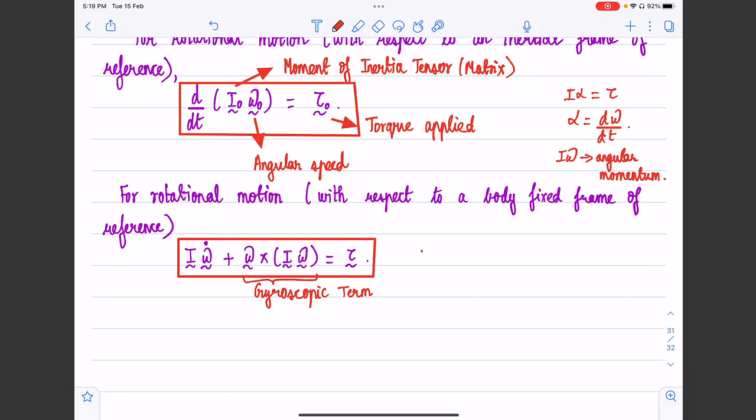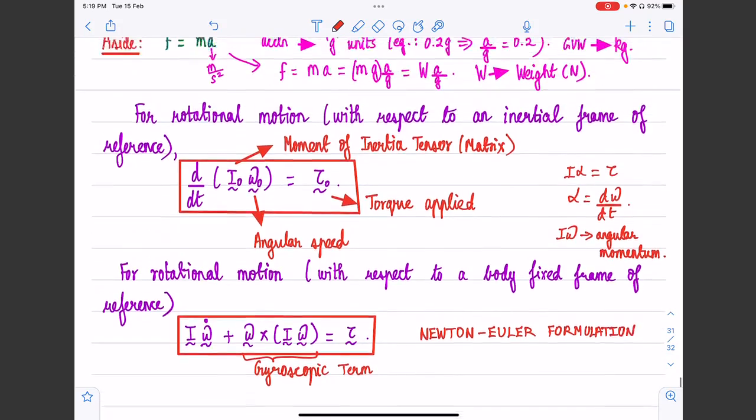So this formulation, that is using F equals ma, and this set of equations that we have written down for rotational motion, constitute what is called the Newton-Euler formulation.